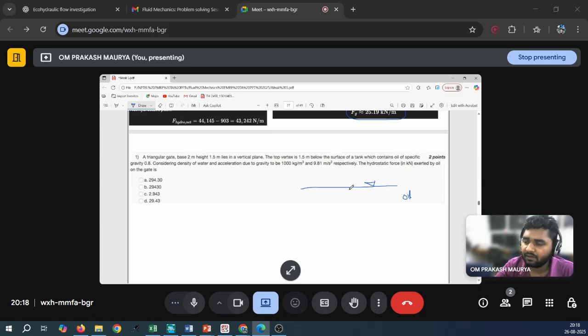Okay, so this is the base of the triangle, and this is your 2 meter, base 2 meter, and height is 1.5 meter.